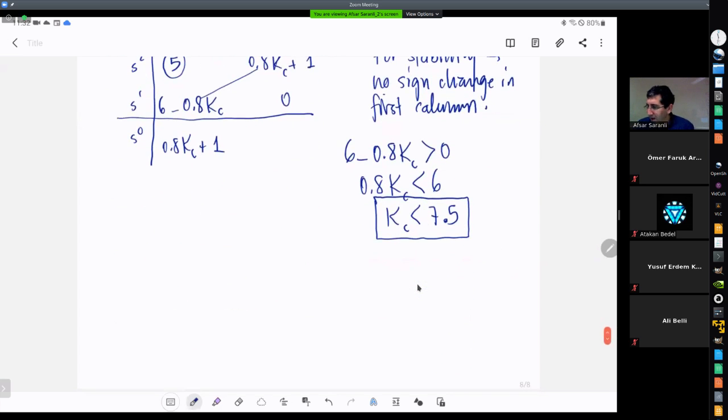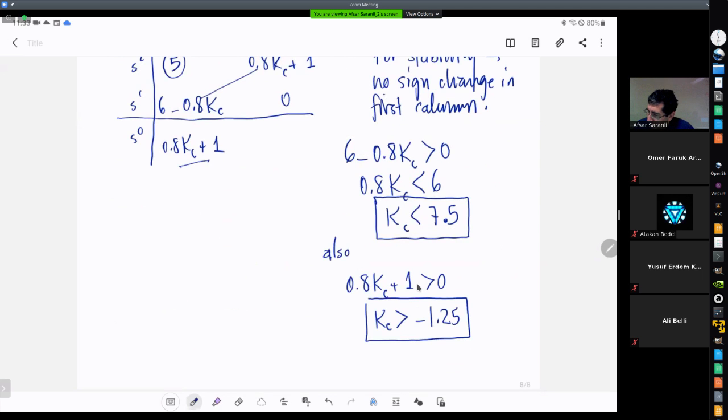And similarly, I need to have the other term here also be positive. So 0.8 Kc plus 1 needs to be positive, and therefore Kc needs to be larger than minus 1.25. So also there is a lower limit. If you go any smaller than minus 1.25, your system will become unstable again.